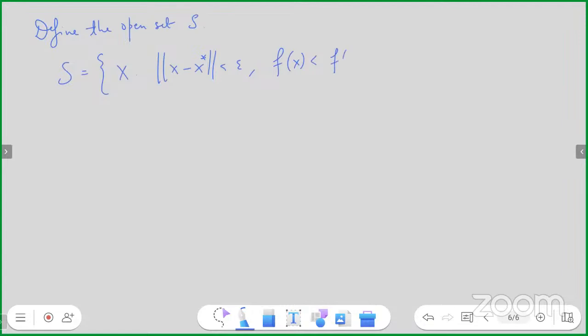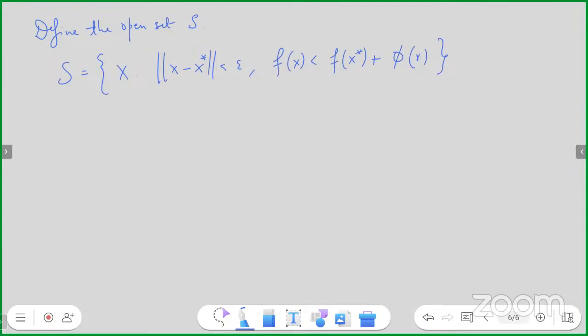So now comes the definition of the open set S. S is the set of x such that norm of x minus x star is less than epsilon and f of x is less than f of x star plus phi of r, where r was defined in the previous step.